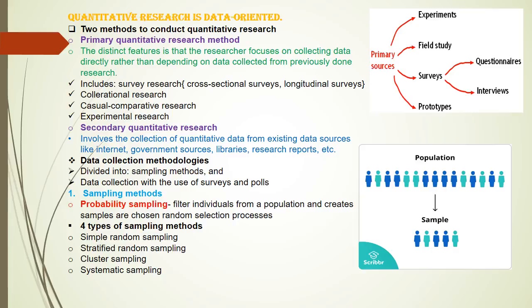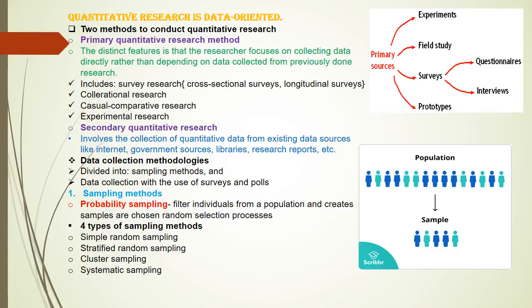Those methods are either primary quantitative research or secondary quantitative research. In the primary quantitative research method, the distinct feature is that the researcher focuses on collecting data directly, rather than depending on data collected from previously done research.